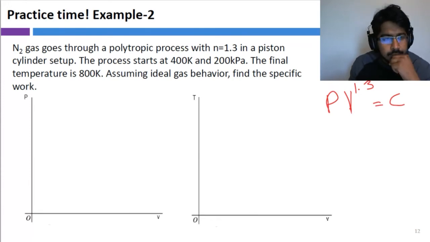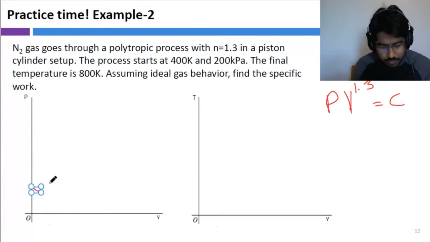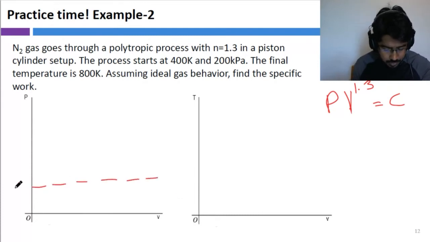So we have this one to start with. The process starts at 400 Kelvin and 200 kilopascals. This is 200.